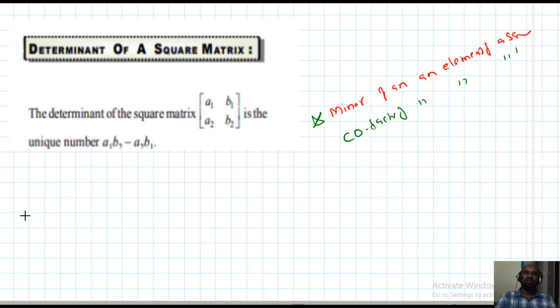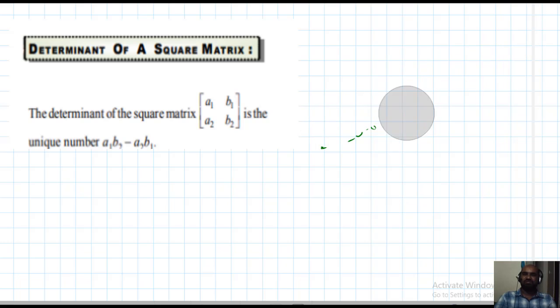Now I will explain how they defined the minor of an element of a square matrix and the cofactor of an element of a square matrix. Observe here. These two things are defined for now, at this stage, only for a 3 by 3 matrix.